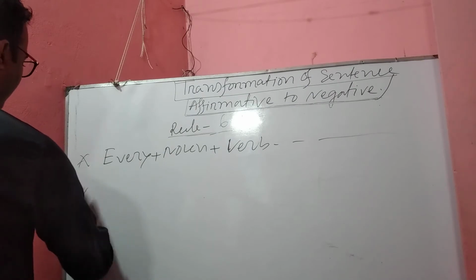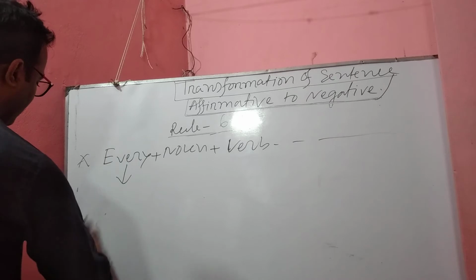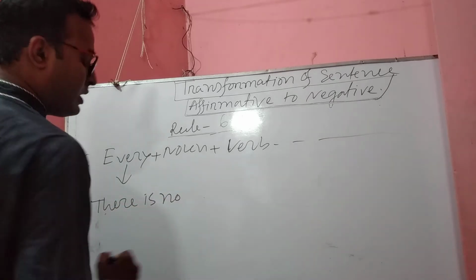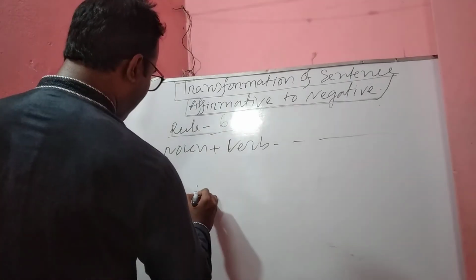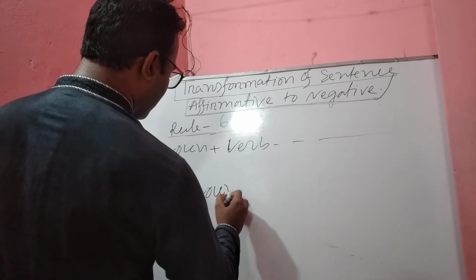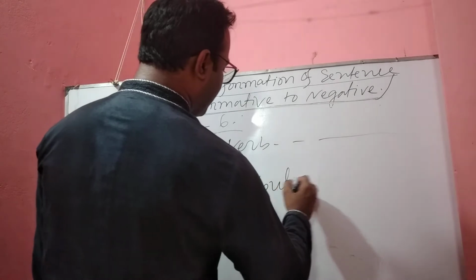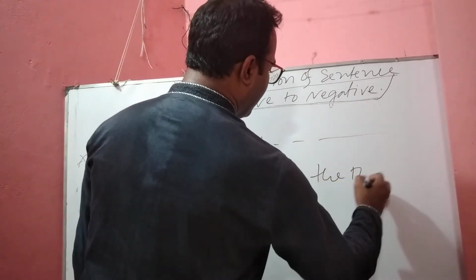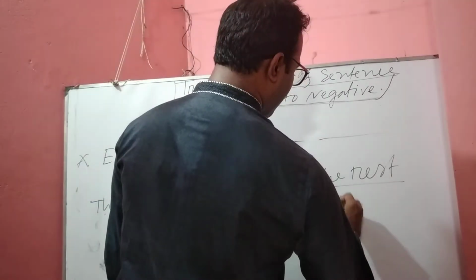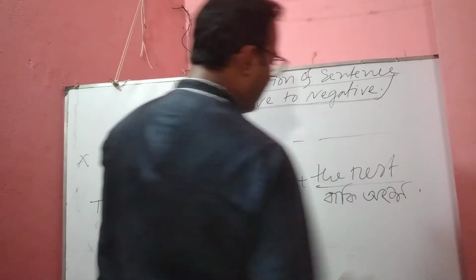Here, in negative form, you have to use there is no instead of every, then the noun plus but plus the rest. Do you know the meaning of the rest? বাকি অংশ.